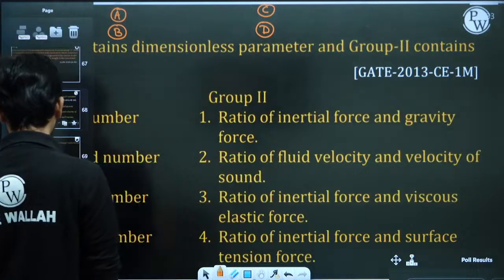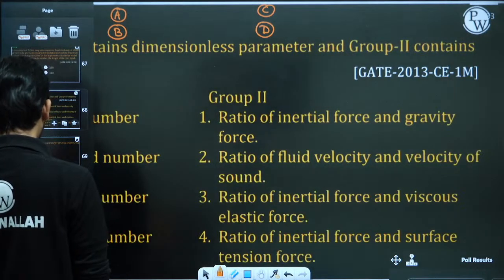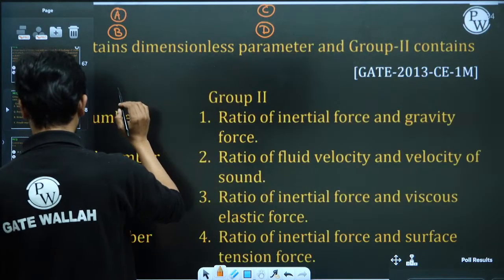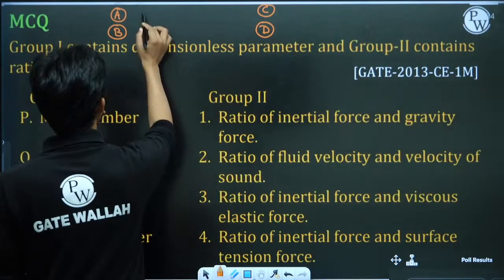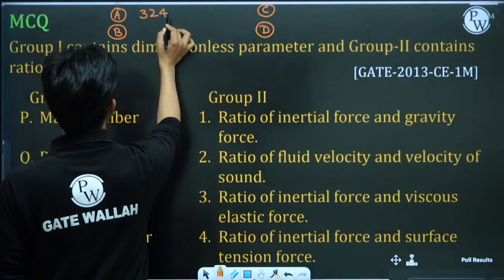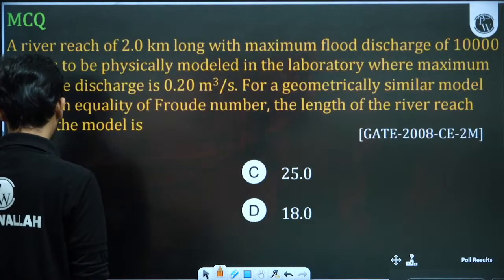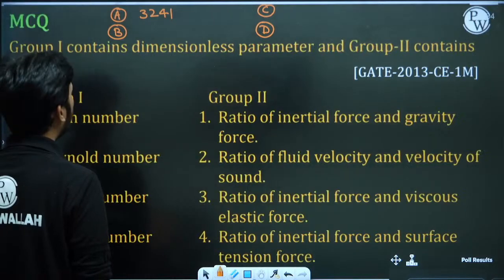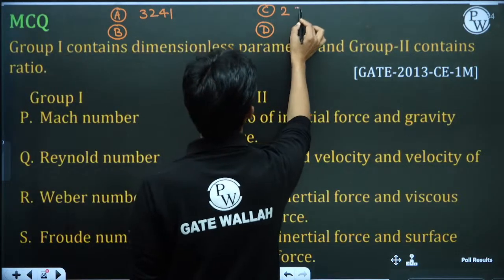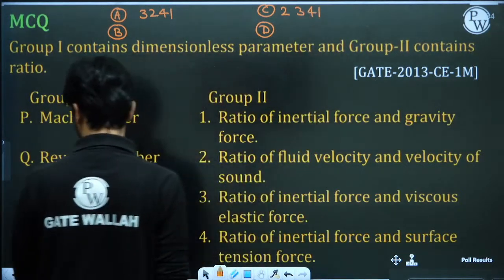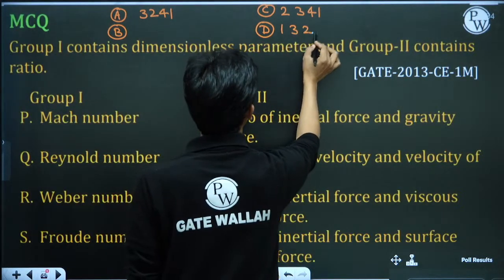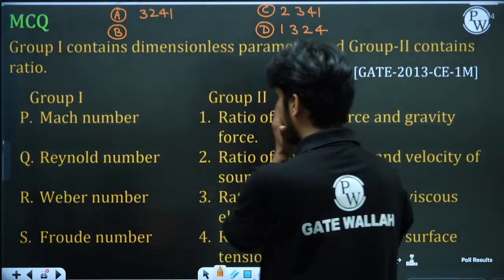So A is 3241, C is 2341, D is 1324. Let me also check what is the correct one.